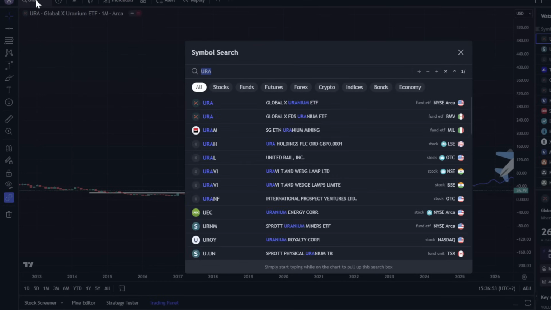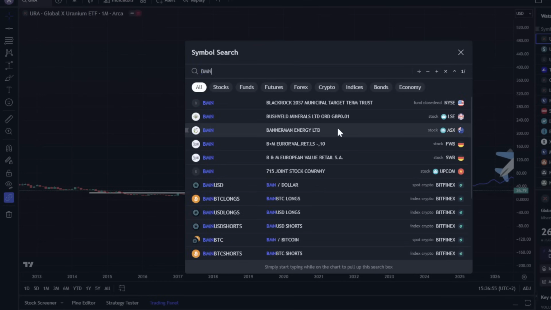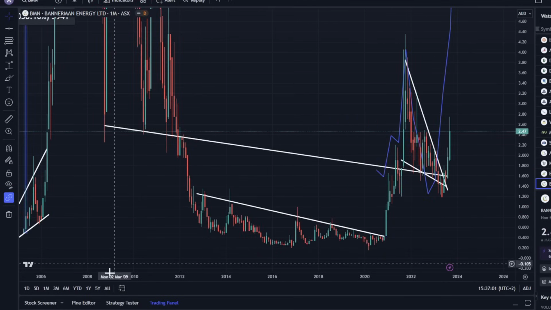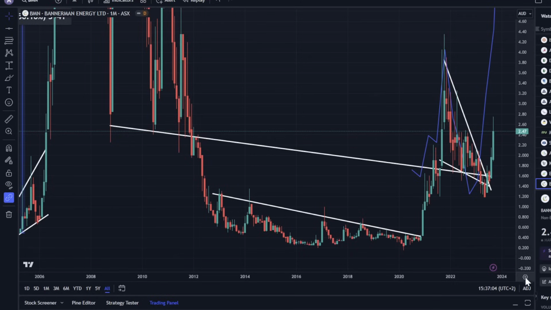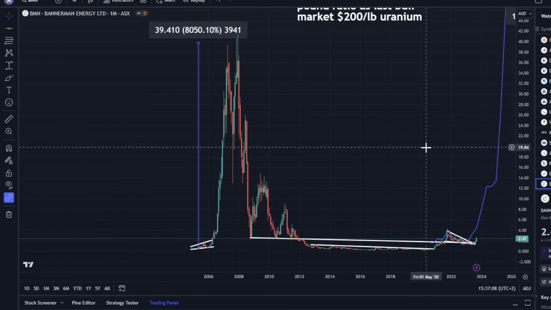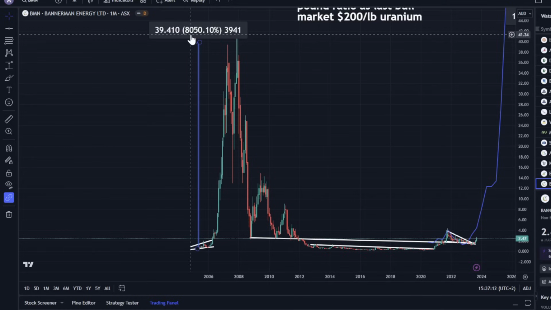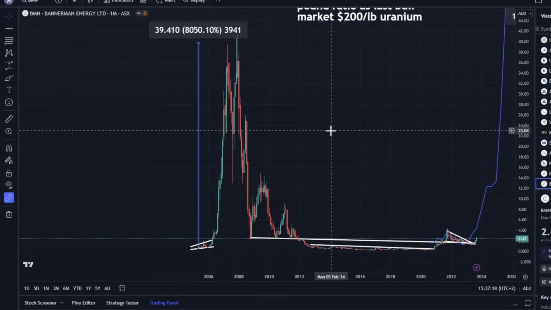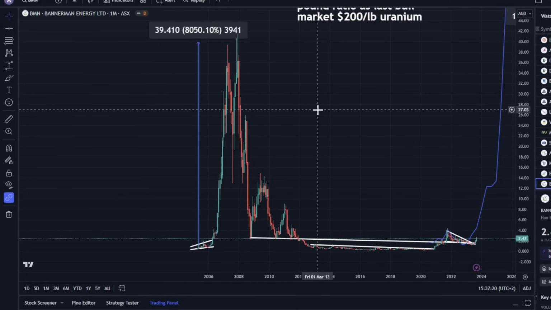I also did the same exact kind of measurements with Bannerman Energy. The first thing I wanted to say is that last bull market, Bannerman went up about 81 times from total bottom to total peak. So it's about an 81 bagger last bull market.